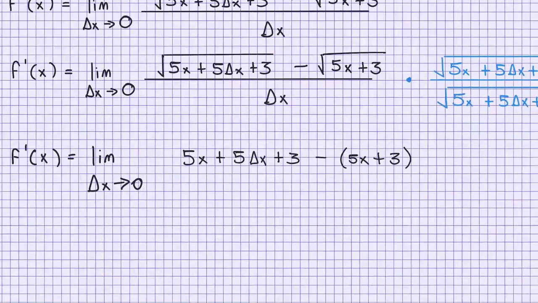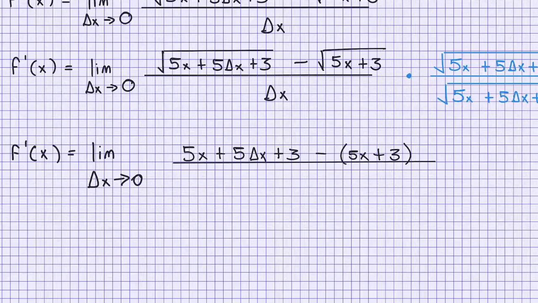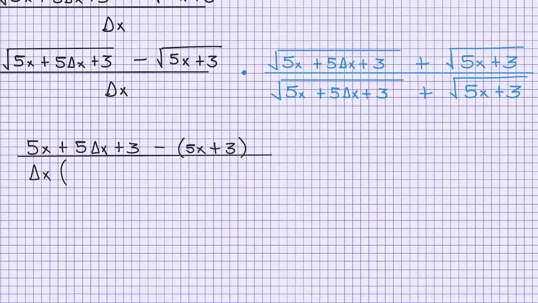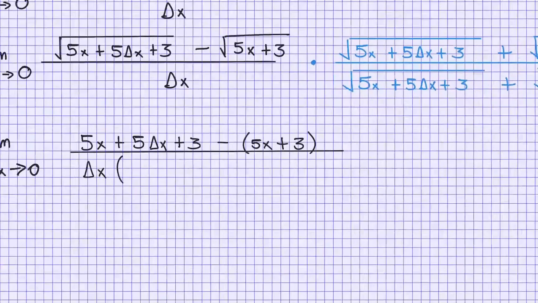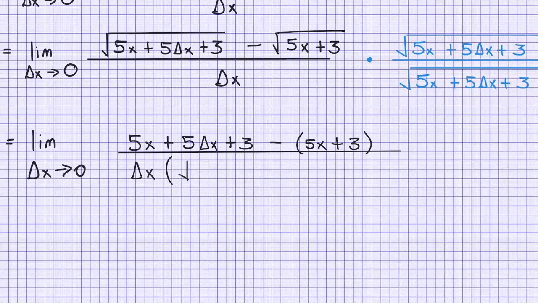And in the denominator, we're going to have delta x times this operation: the square root of 5x plus 5 delta x plus 3 plus the square root of 5x plus 3.